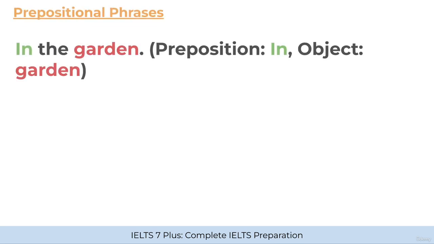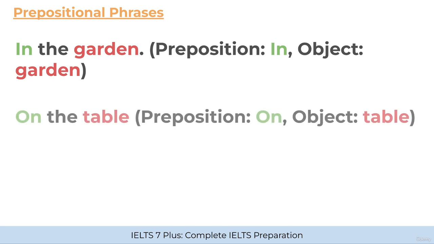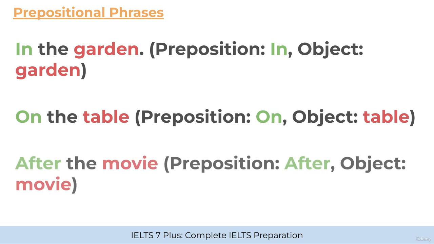Okay, so in the garden, the preposition is in, the object is the garden. On the table, preposition is on, the table is the object, the focus. After the movie, preposition is after, object, the movie.